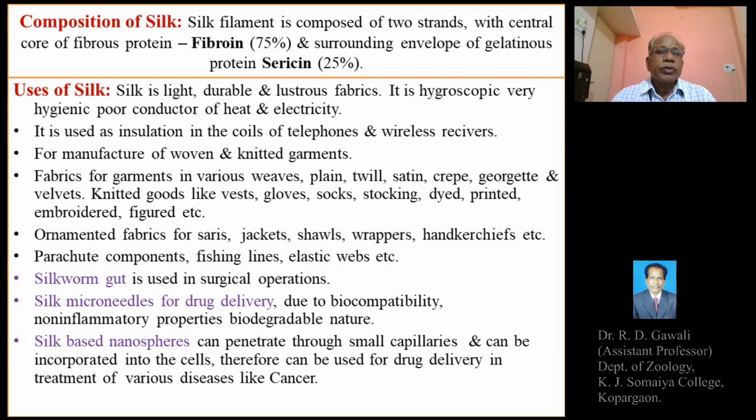Then silk is used for the preparation of parachute components. Since the silk thread is strong and durable, it is used for the preparation of parachute components, then fishing lines or nets, and the elastic webs.